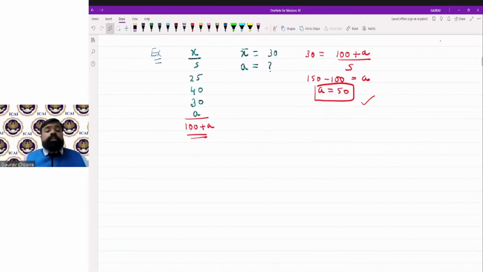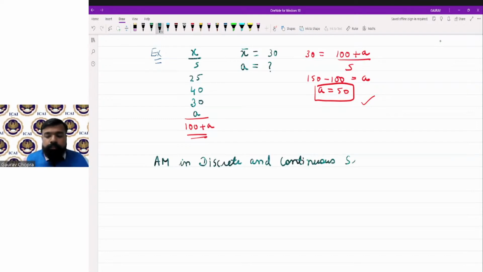Now, let's write the formulas for arithmetic mean in discrete and continuous series. So again, the first formula will be direct method.